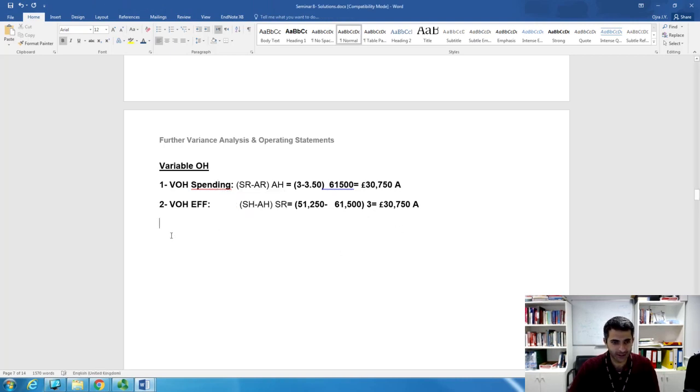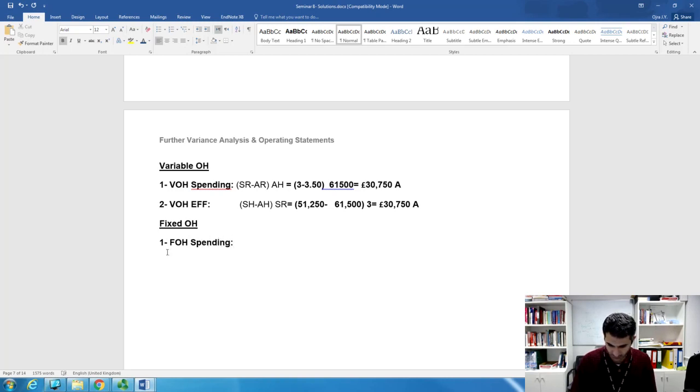Now, what's left? The last one: fixed overhead. With fixed overhead, we have two formulas. The first one is the fixed overhead spending variance.